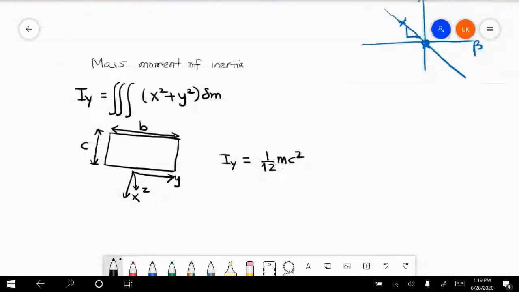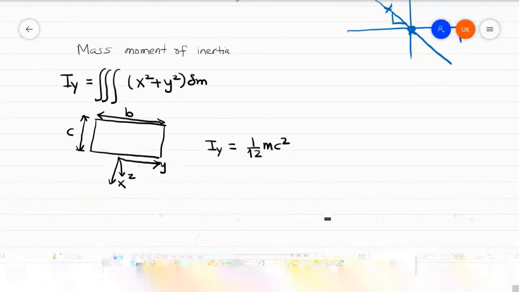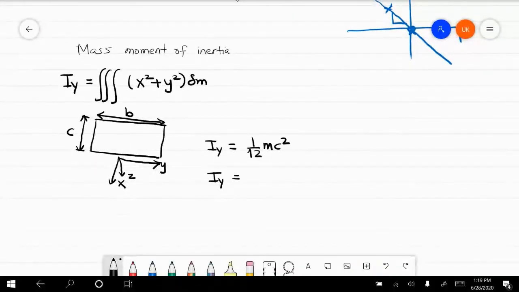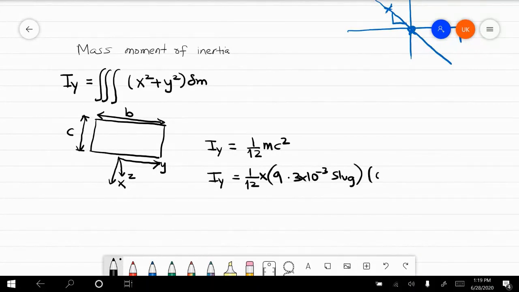So the mass moment of inertia is equal to 1 over 12 times 0.3 pounds, which in terms of slugs will be 9.3 times 10 to the power minus 3 slugs, times 0.167 feet square. And you can do this calculation and you'll get a number. So that is the Iy prime, the mass moment of inertia of the plate about the y-axis passing through the center of gravity of this plate.